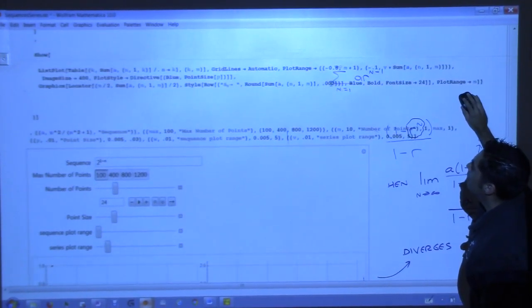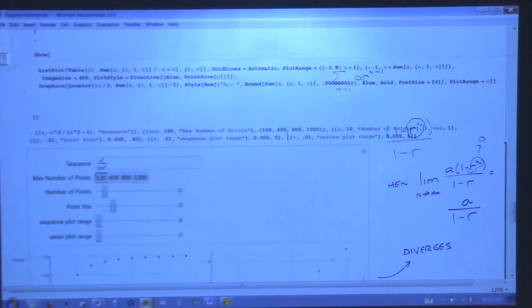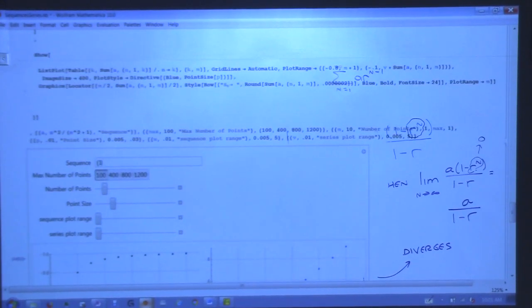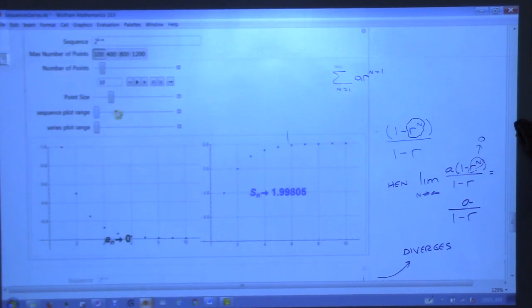Round sum. Let me make this. It was 1/2 raised to the n minus 1. Okay, so I increased the precision here. So you can see here, I'm out 10, 11.